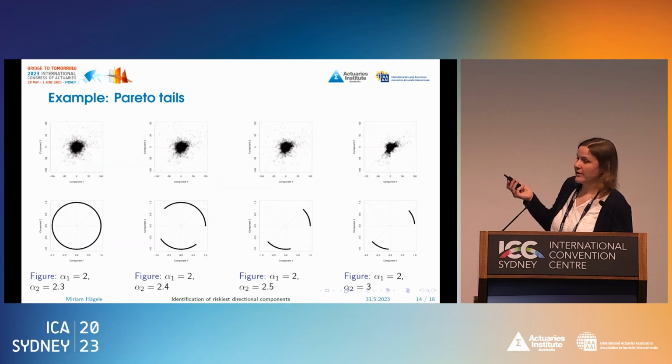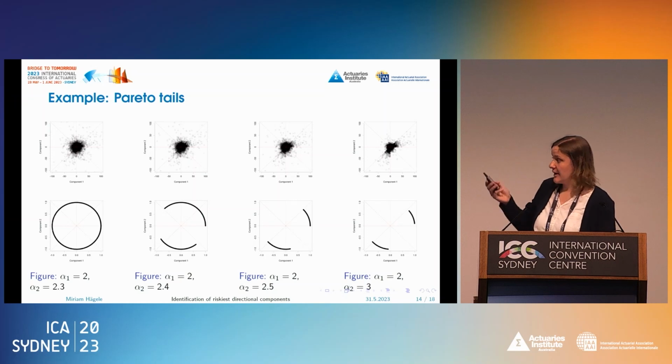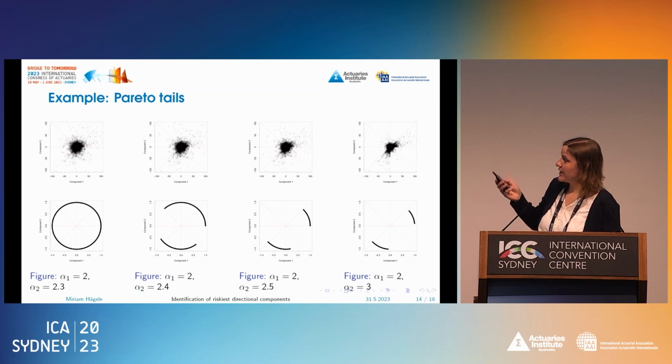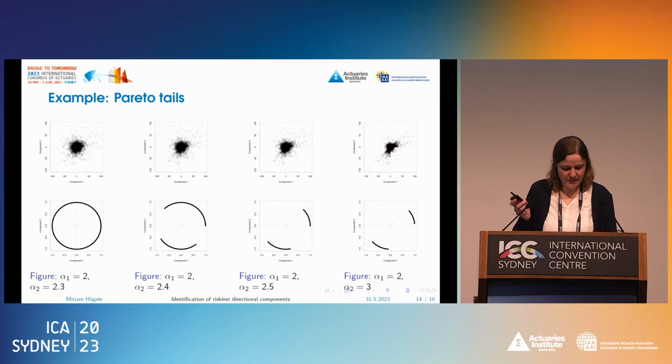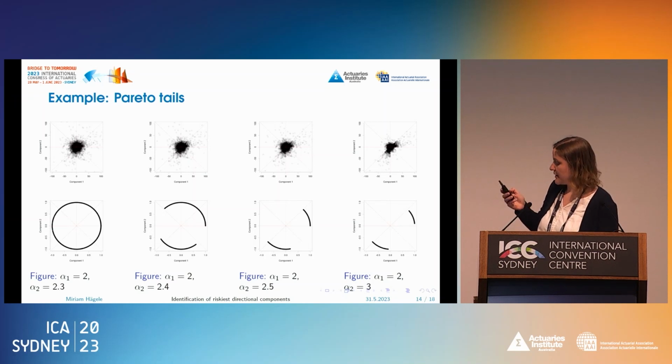Here on the upper line, we have the initial data, what we simulated. And in the lower line, we have the preliminary estimate. In the first example, alpha 1 was 2 and alpha 2 was 2.3.